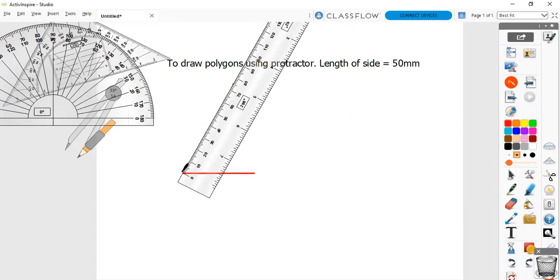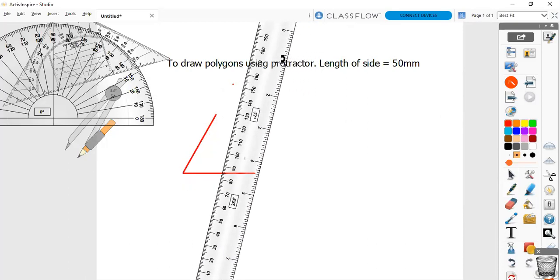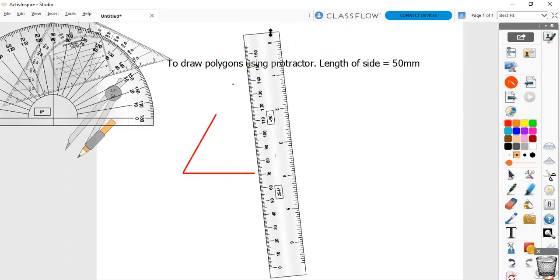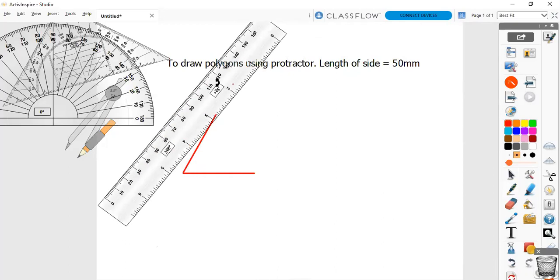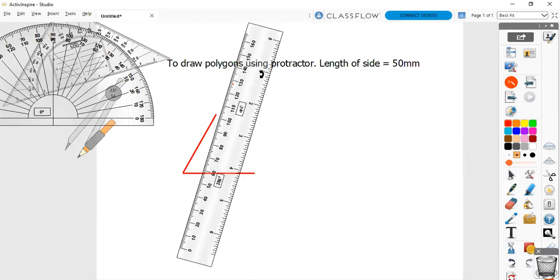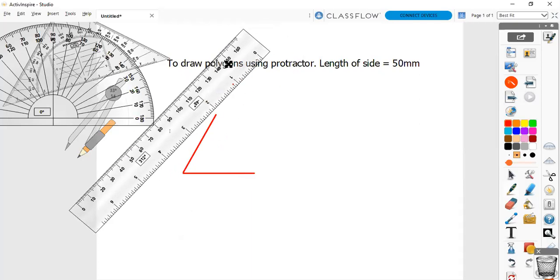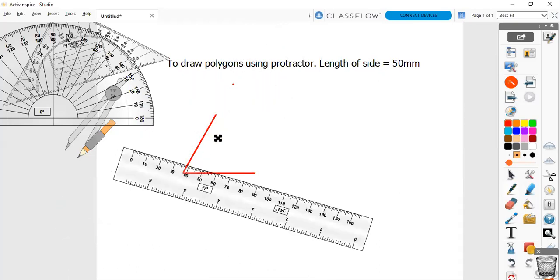So ultimately you can start drawing from this point to how much? 50 mm. Similarly, join these 2 points.